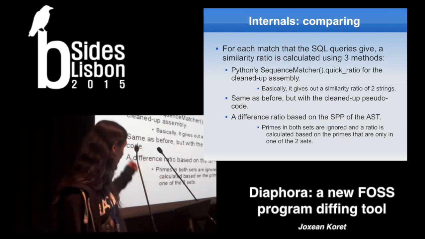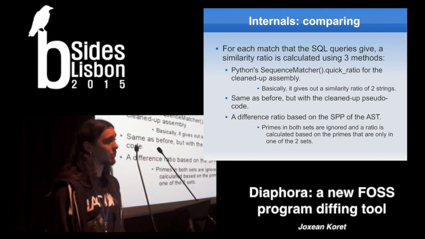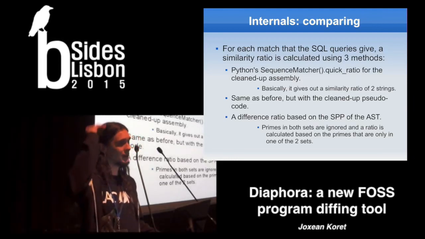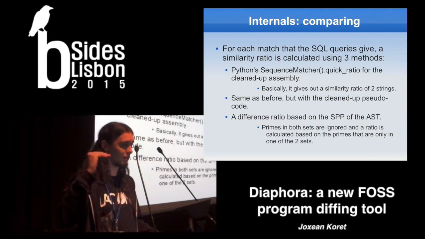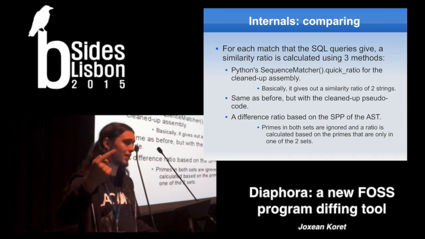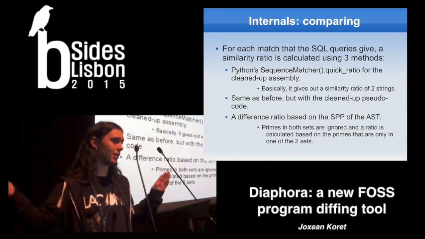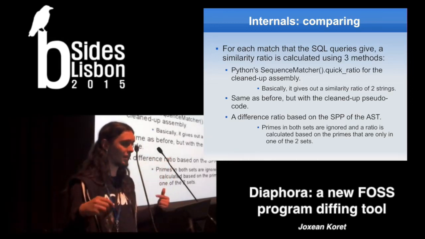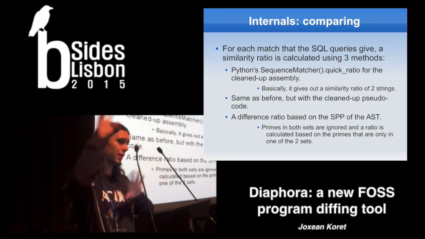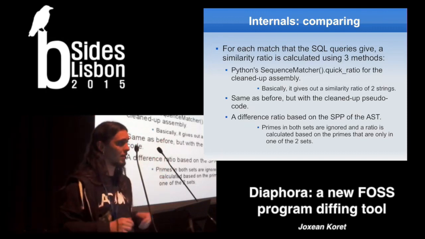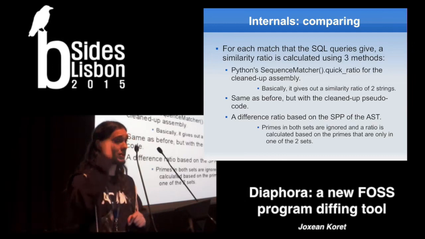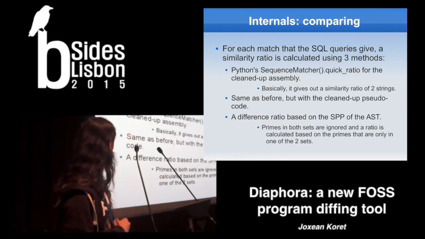Also, I calculate the difference ratio based on the small primes product of the abstract syntax tree. For each expression or instruction element in the abstract syntax tree, I assign a prime number, then I multiply all of them, and if the hash is the same, even if structurally the AST is different and the tree looks different, we can conclude that it seems to be the same function, but maybe with reordered instructions.